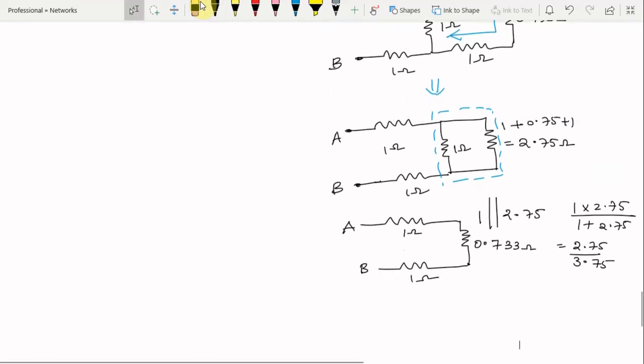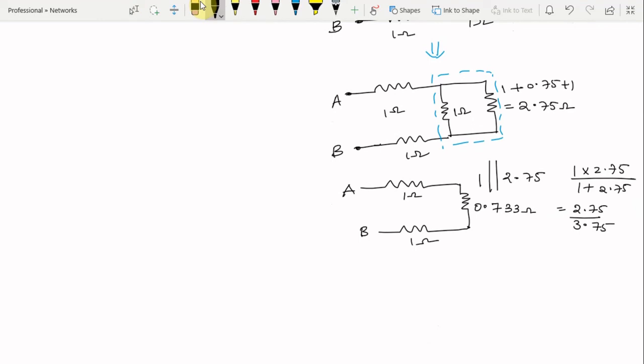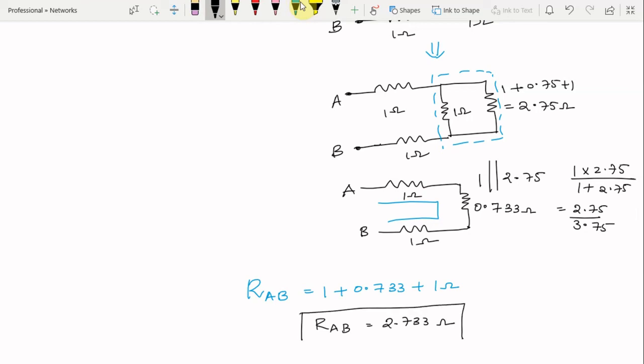So now all these three resistances are connected in series. Therefore, the equivalent resistance RAB is equal to 1 plus 0.733 plus 1 ohms. So RAB is equal to 2.733 ohms. This is the equivalent value of the resistance across the terminals A and B.